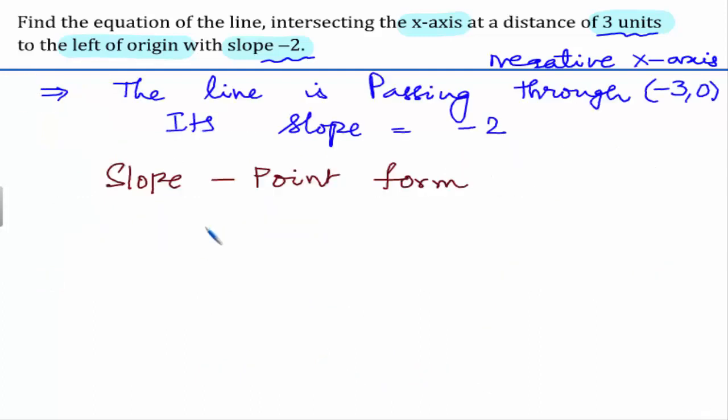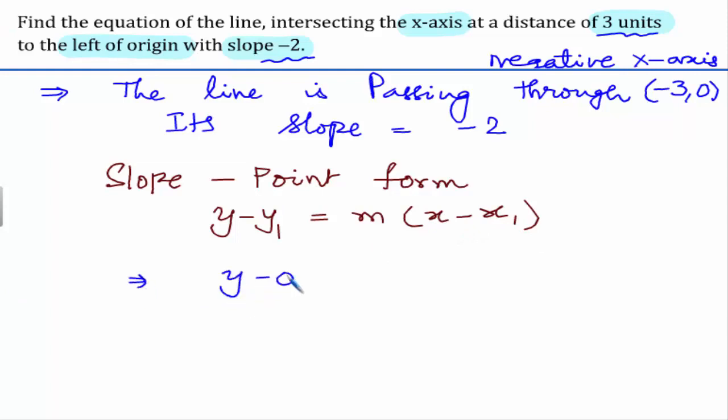So the slope point form is y minus y1 is equal to m into x minus x1. Let us substitute now. This is y minus 0 is equal to m into x minus of minus, which is plus 3. So what is m here? m we need to write as minus 2.